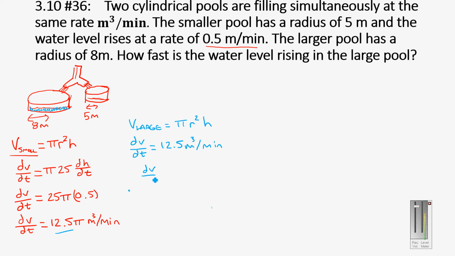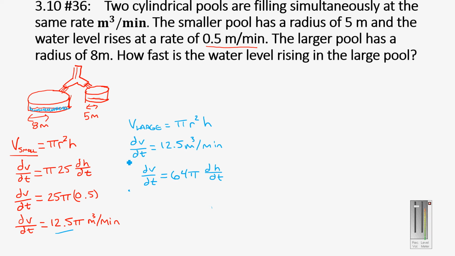So dv/dt, just like this one over here, is now going to be equal to 8 squared, because r squared is now 8 squared, which is 64 pi, times a function of the height, dh/dt.